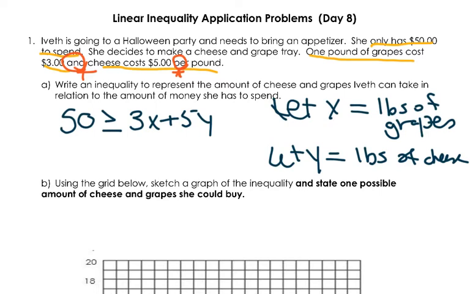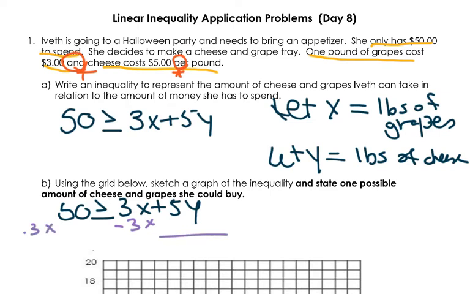So now we have 50 is greater than or equal to 3x plus 5y. We're trying to get y by itself. So let's first state what's happening to it. It's being multiplied by 5, then added to 3x. So the first thing we're going to do is minus 3x on both sides. Okay, and I'm not putting it under the 50 because it's not like terms.